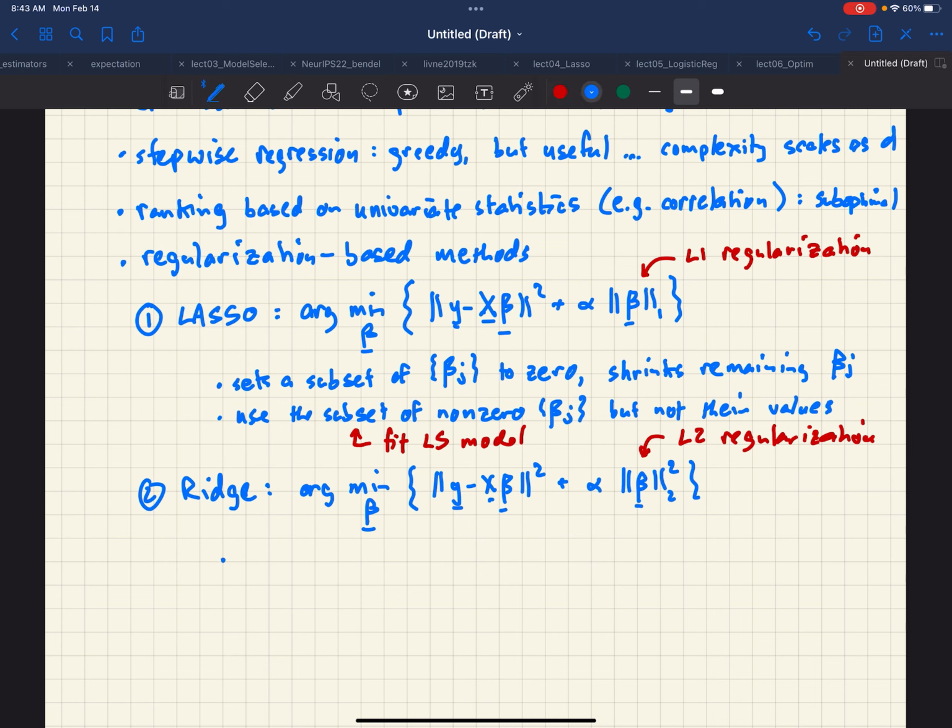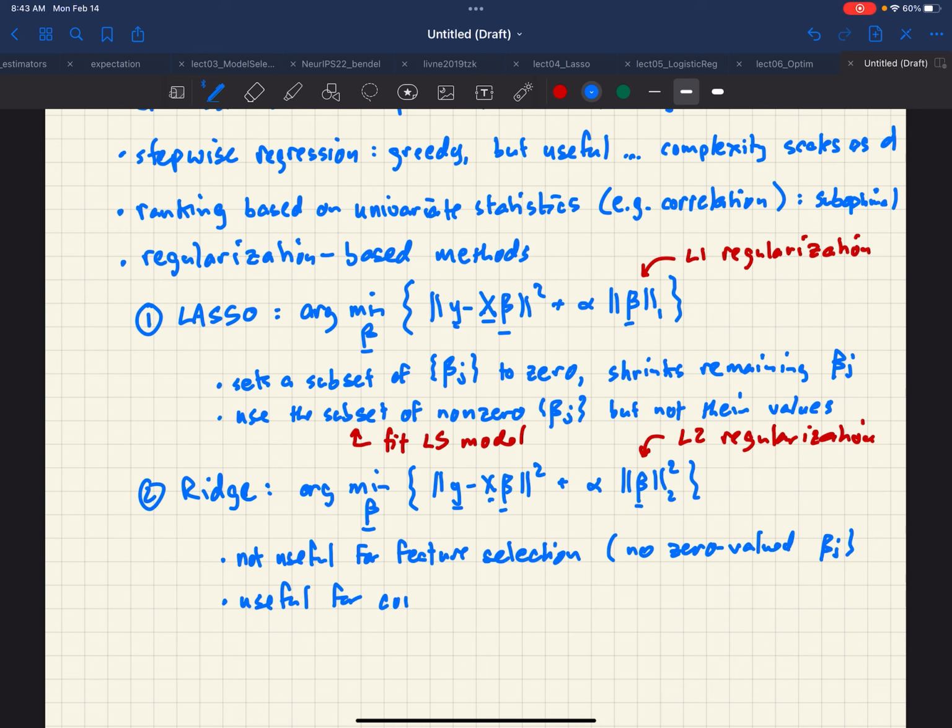And this is not useful for feature selection because it does not give us zero valued beta j, but it is useful for correlated features.